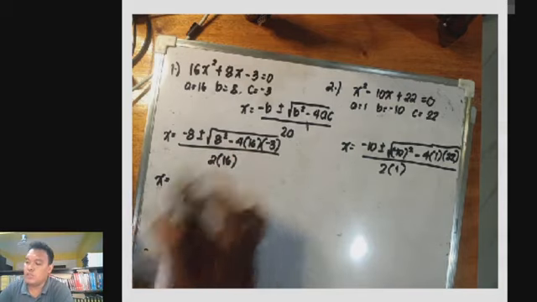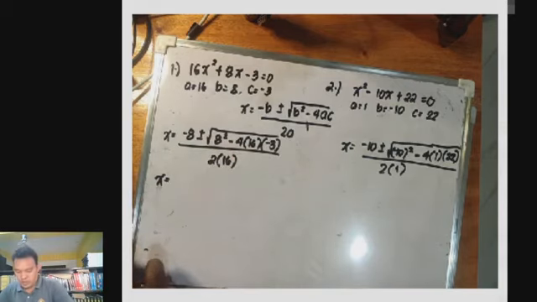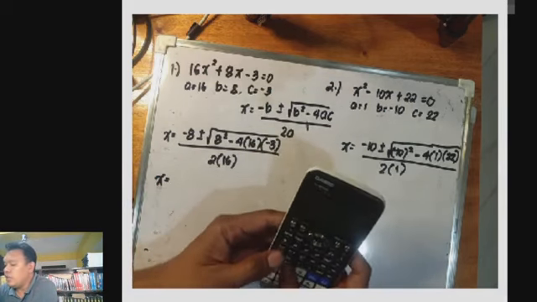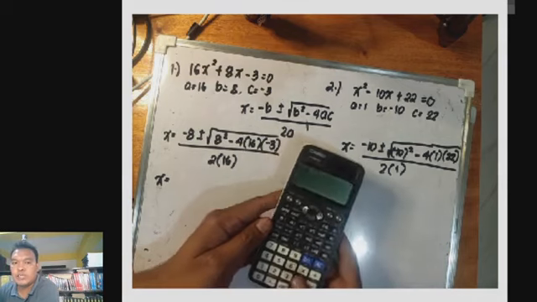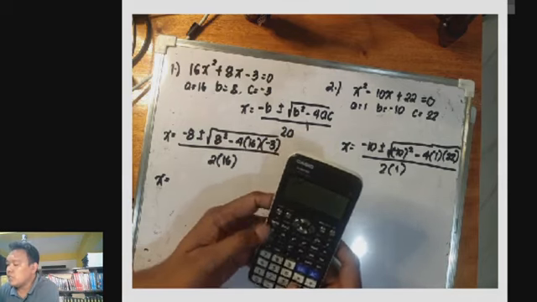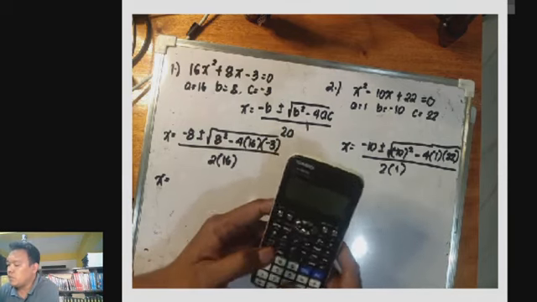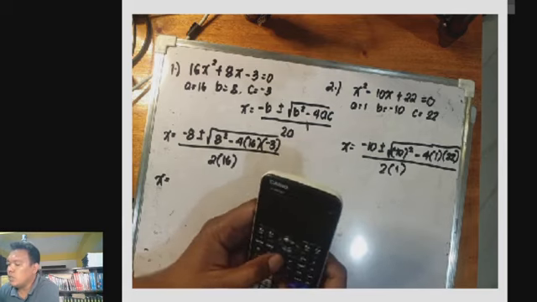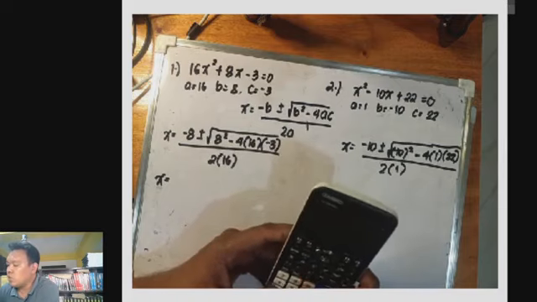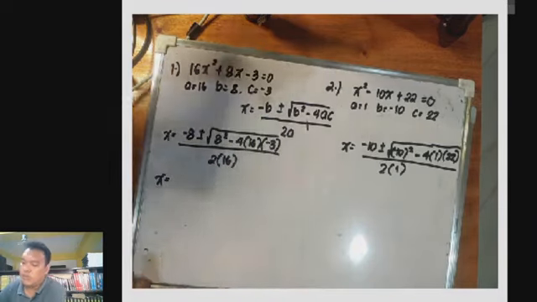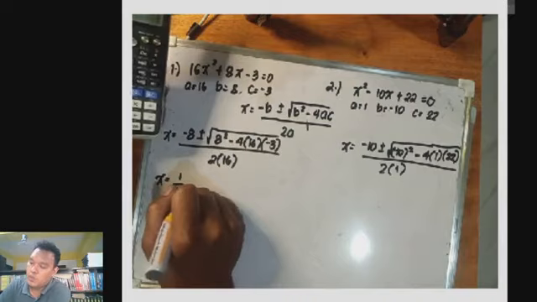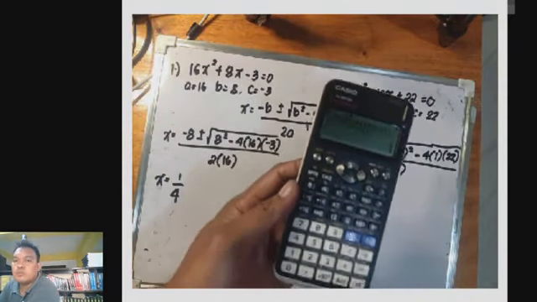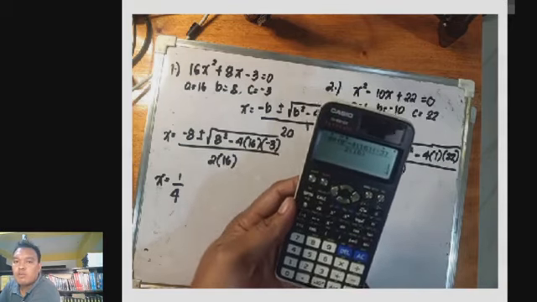So we go straight to the calculator. When we put it in the calculator, we have negative 8. First, put the plus, okay? Plus the square root of 8 squared minus 4 times 16 times negative 3, over 2 times 16. So we have 1/4. So x is equivalent to 1/4.